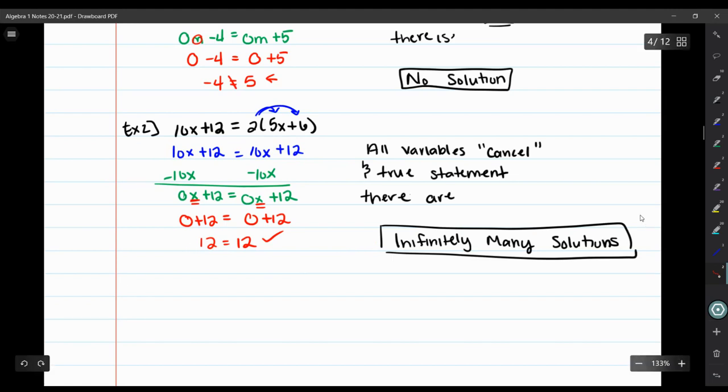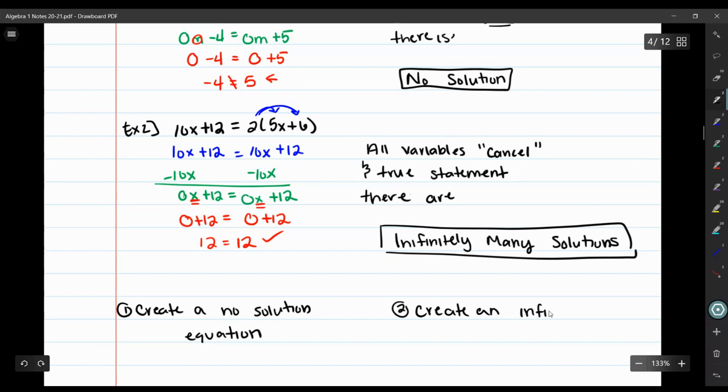Okay? So I want you to try a couple things. I want you to create a no solution equation on your own. Just make one up. Make up an equation that has no solution. And I also want you to make up an equation that has infinitely many solutions.